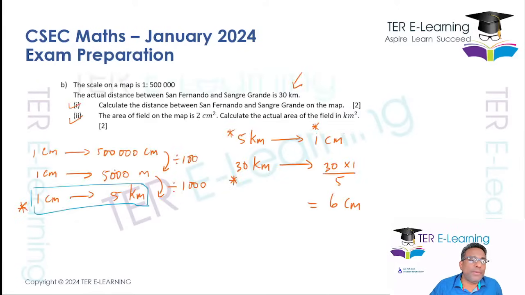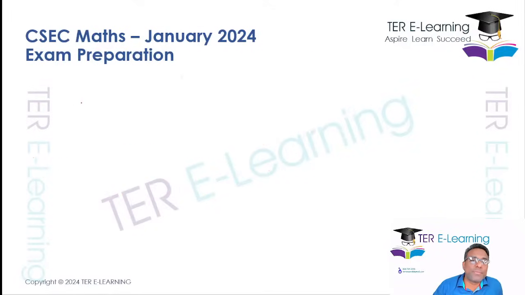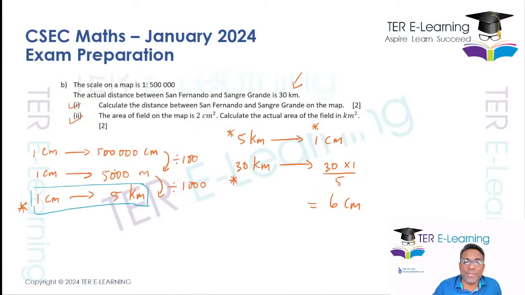Now we already know what the scale is. But when it comes to area, on the map, if I draw a small square with dimensions 1 cm by 1 cm, the area on the map is 1 cm squared. In actuality, it is going to be much larger. Based on our calculation, 1 cm is equal to 5 kilometers.